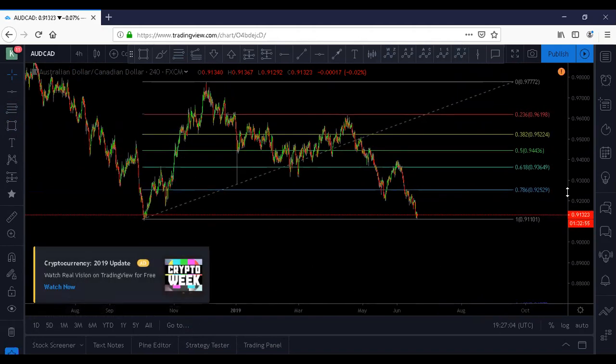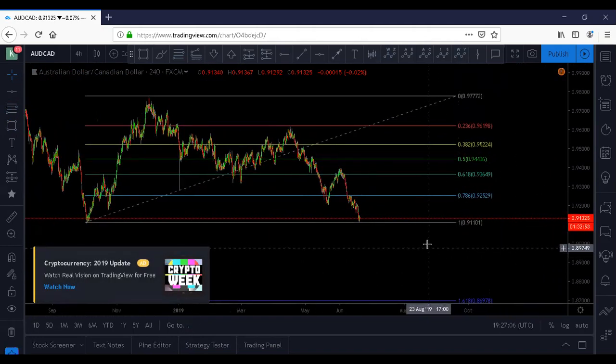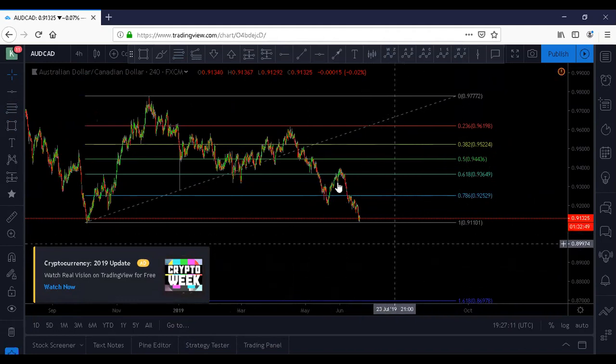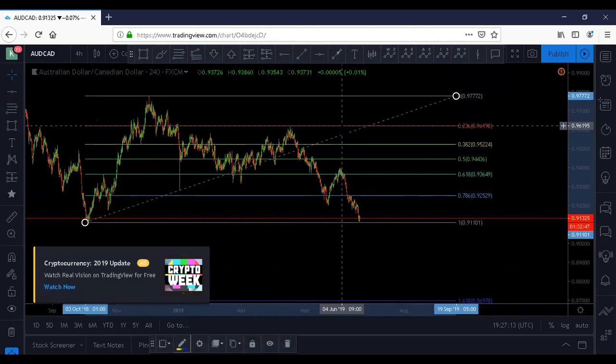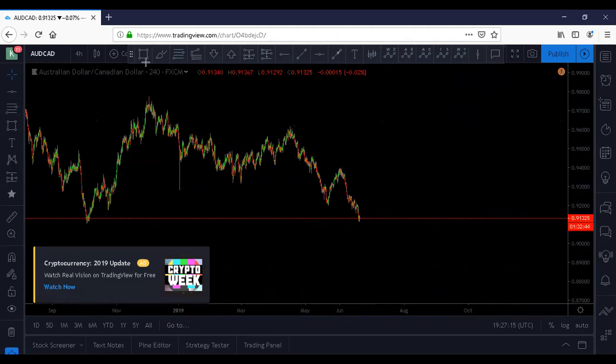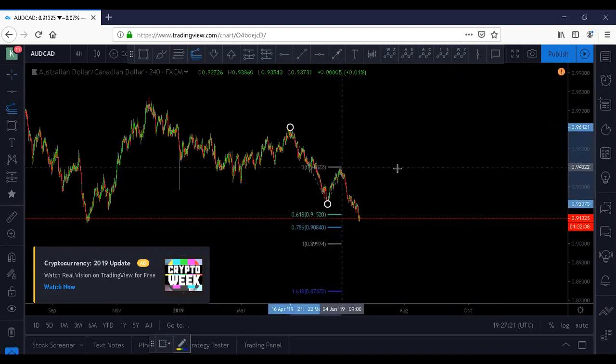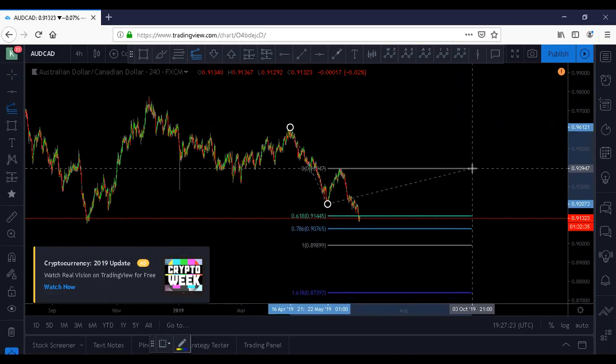What's nice about Fibonacci is you can even use Fibonacci expansion, even though you don't have any price action in this area, to give you the same level. Fibonacci expansion has 3 points. Those 3 points are like this.